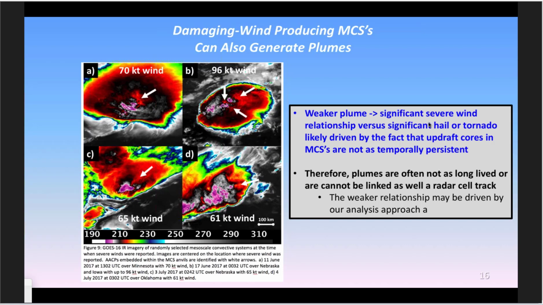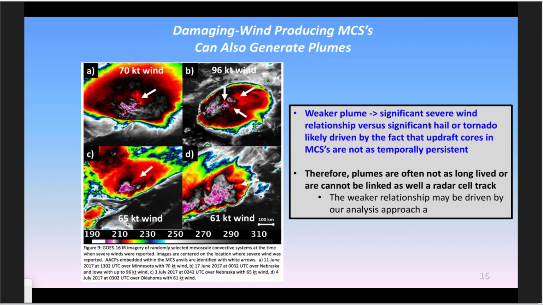What we find in these wind producers and MCSs is that the storm object IDs from radar tend to change more frequently. You have a lot of cells maybe along a bow echo or some sort of squall line there, and the cells don't seem to remain discrete quite as long or as well in wind-producing storms and MCSs as in, say, supercells and things like this.